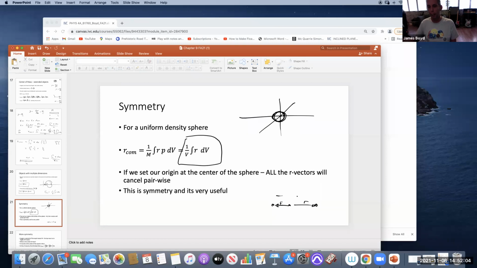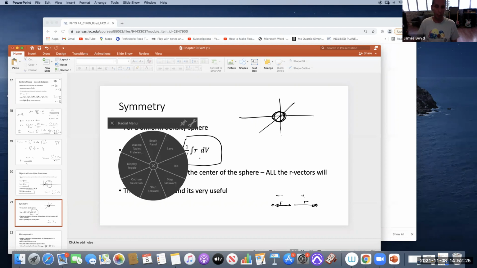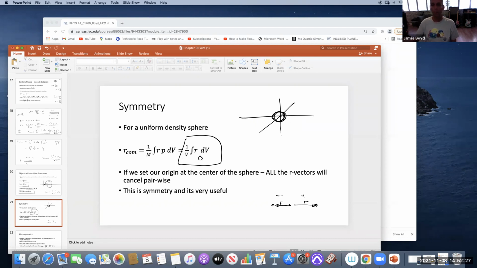This R is going to be negative, this one's going to be positive, and we get a cancellation in the integral. In fact, every vector is going to cancel pairwise. One points this way, one points that way, they cancel. One points up, one points down, they cancel. All of them cancel. So if it's at the origin, this integral is 0, and we know that the center of mass of a sphere is at the center.